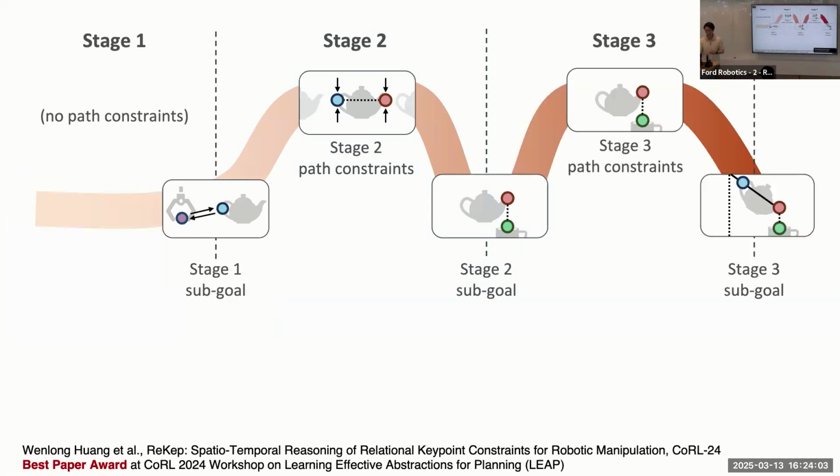At the end of the third stage, you tilt the teapot to a certain angle, and during the process, you want to make sure the tip of the teapot is always right above the cup. So at different stages, you are generating these spatial-temporal constraints, and they focus on different subsets of semantically meaningful parts of this environment.